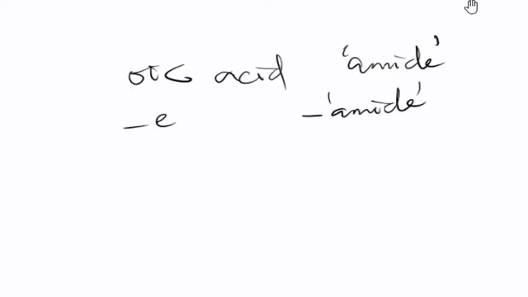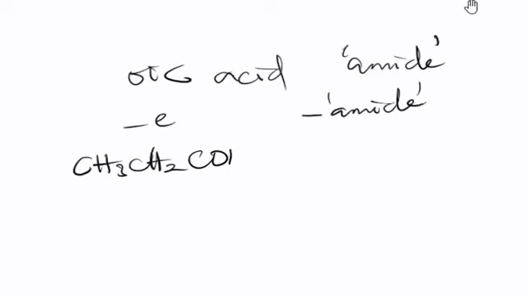So let's take this example. If I have CH3, CH2, CONH2. So this is 1, 2, 3. So if I had an alkane, this would have been a propane.